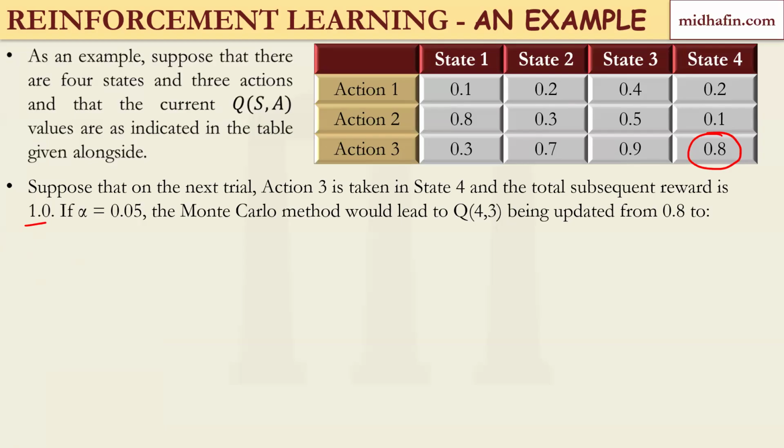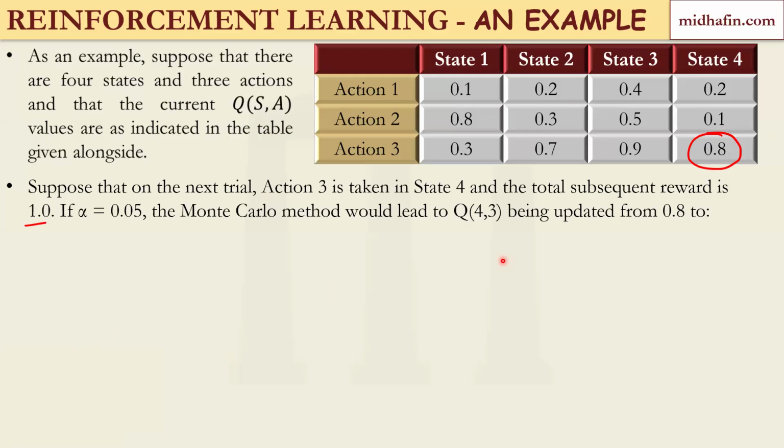Okay. So the table says that the current estimate is 0.8 for Q(4,3). Now, after taking this action, you've observed that the total future reward is going to be 1. And as I told you, in Monte Carlo you will have to wait until that final reward is realized, and then you will adjust your estimate.